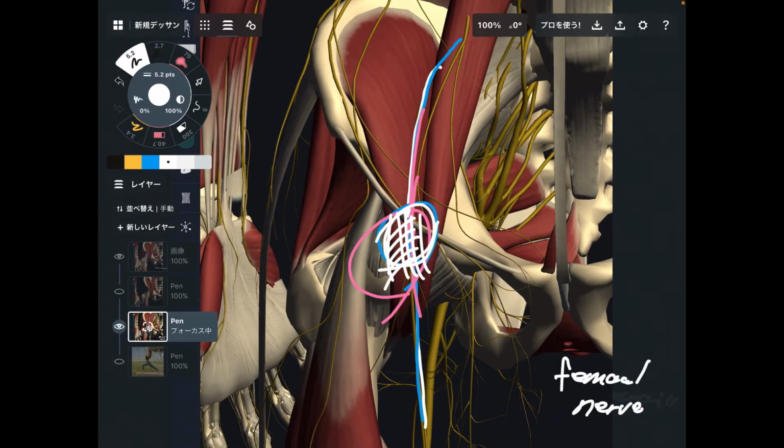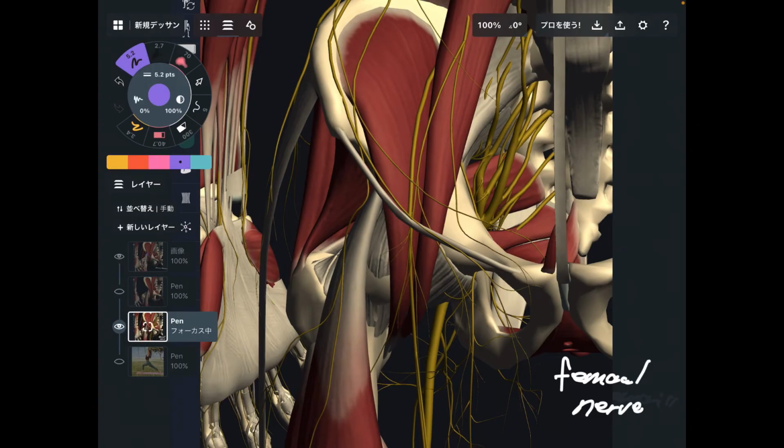Then how does the femoral nerve get aggravated? There can be numerous reasons. Look at this part. This part of the femoral nerve is kind of a sandwich between iliacus and psoas. I erased the drawing so you will see the clear relationship again. Again, this is the femoral nerve.